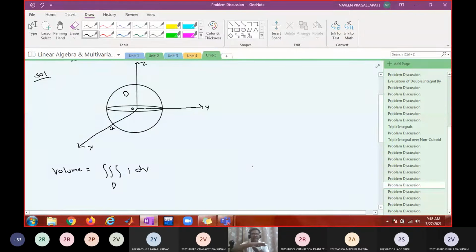There is equal amount of portion above the xy plane, below the xy plane, right side of yz plane, left side of yz plane, front side of zx plane, and back side of zx plane. The amount of volume that is occupied by the sphere is same in all the 8 octants. Is that okay?